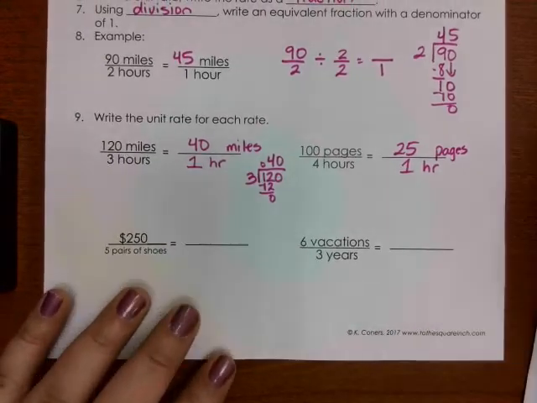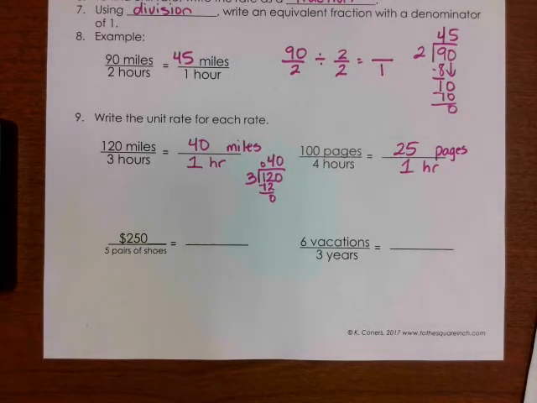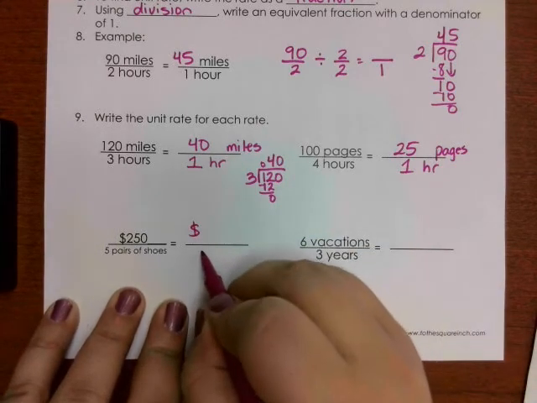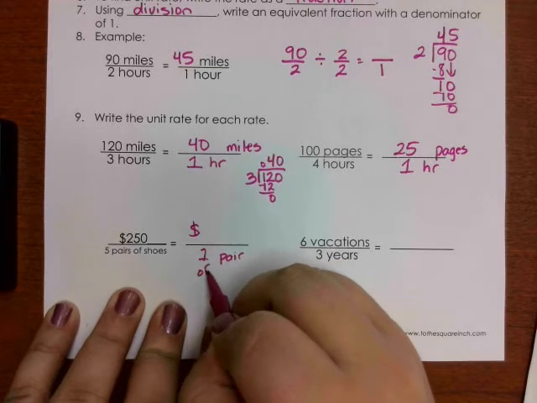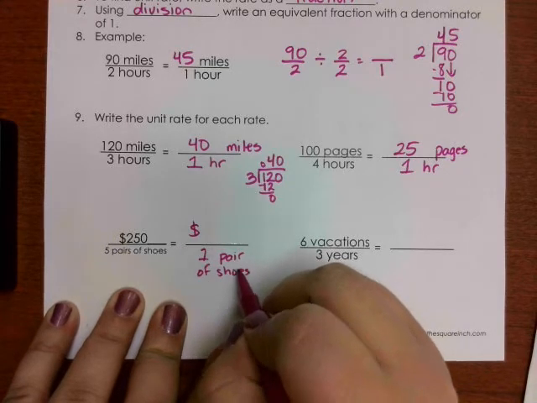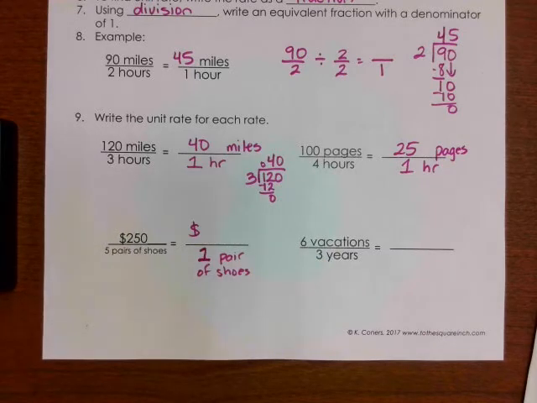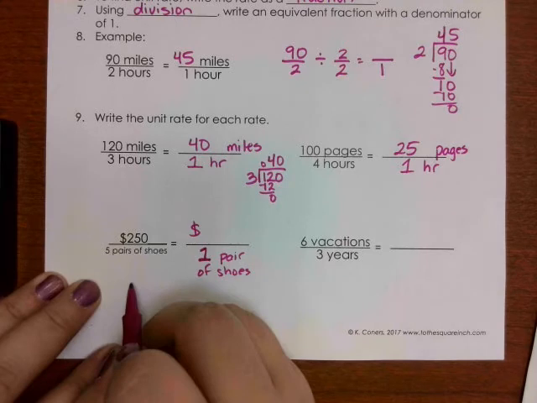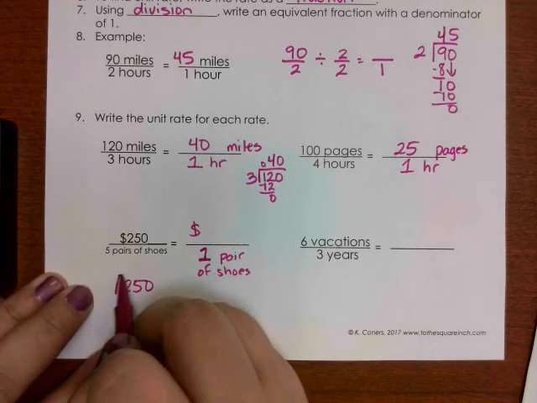All right, the next one is $250 for 5 pairs of shoes. So we want to know how much it's going to cost for 1 pair of shoes. Remember, our denominator has to be 1 in order for it to be a unit rate. All right, so I'm going to do 250 divided by 5.